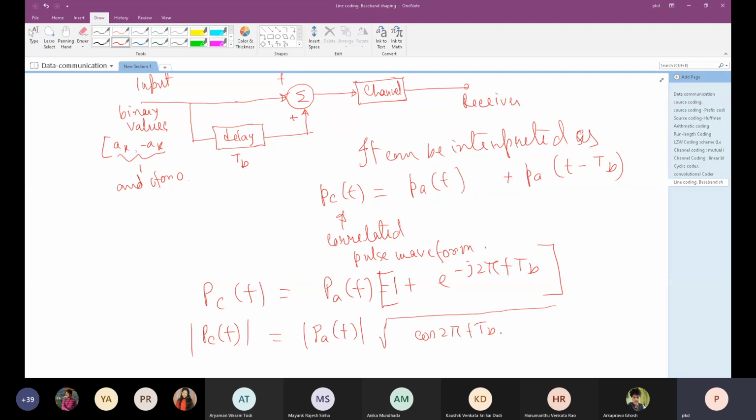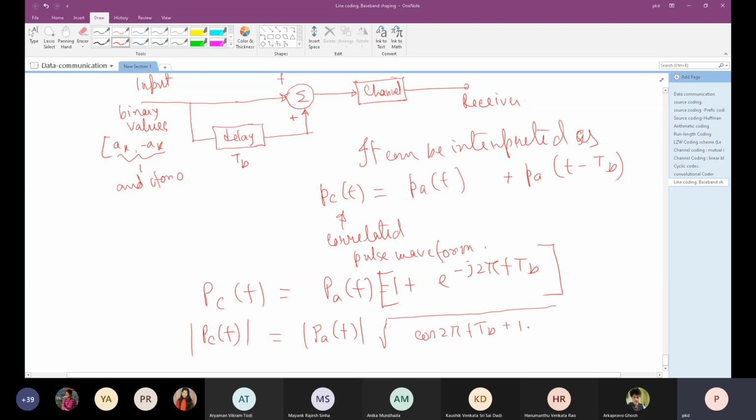Yeah, will it be like root 2 or something? Yes, so cosine twice pi f TB plus 1. Yes, first plus 1 would be there. We could manipulate it.